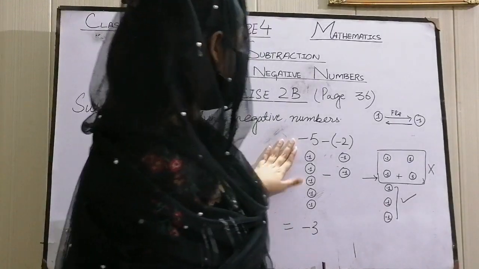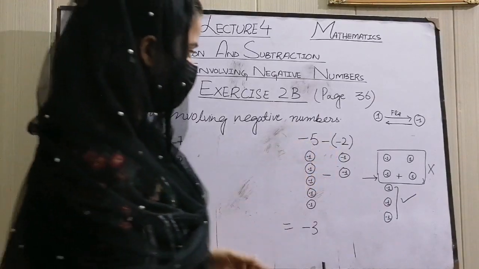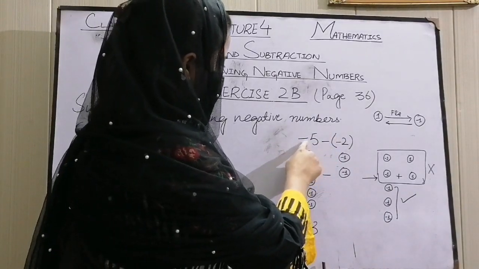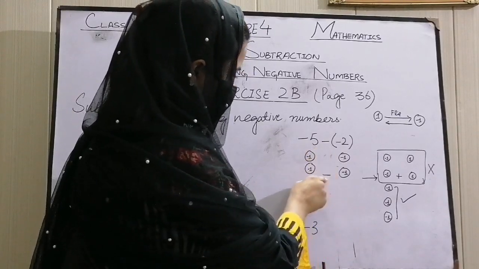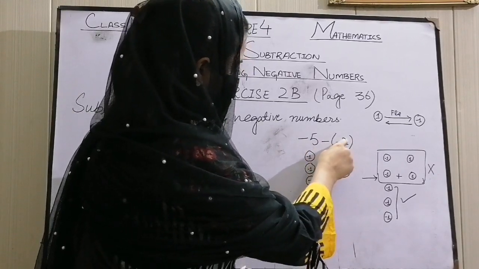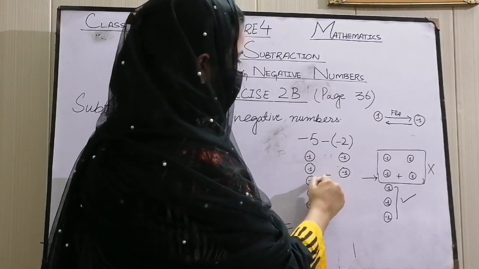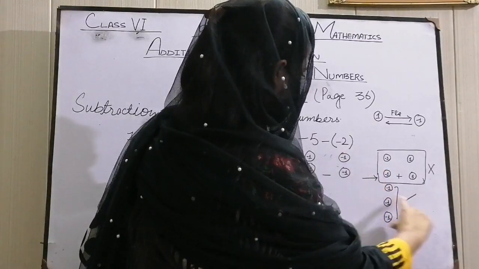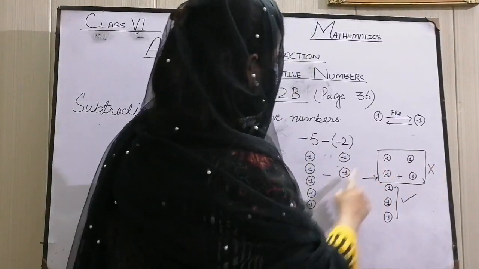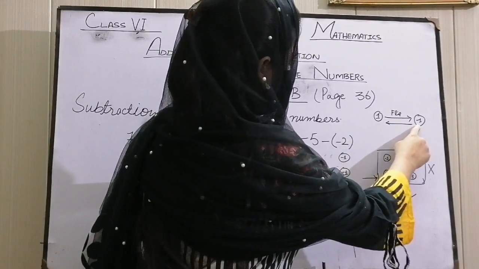To solve a question of subtraction involving negative numbers, we write -5 as 5 negative disks, minus as it is. For -2, write down 2 disks of -1. Minus sign always flips the disk, so these 2 disks will become 1, because if we flip 1, it becomes -1.